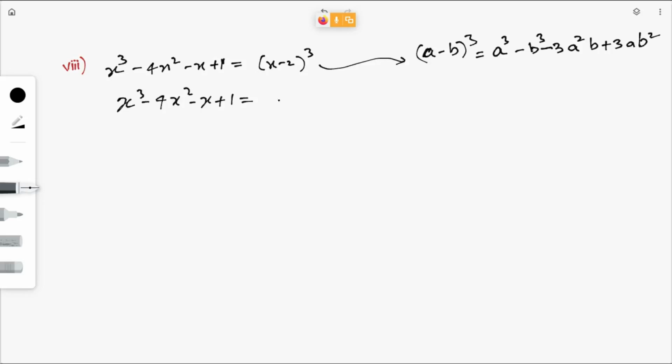Okay, what will you get? X minus 2 whole cube.